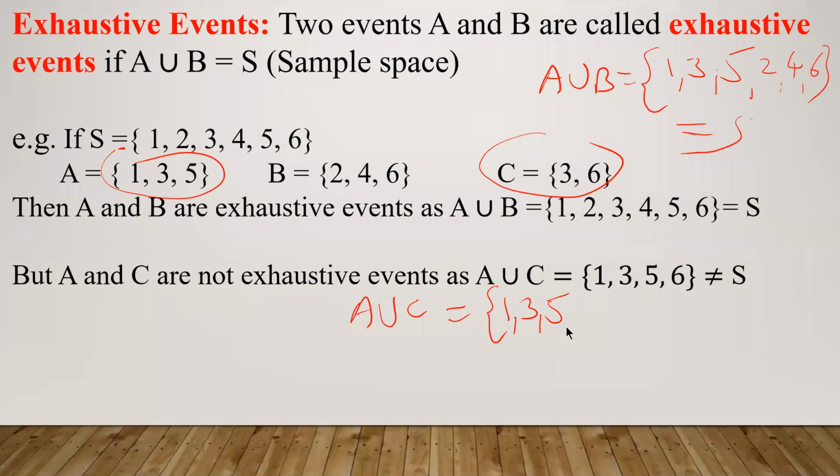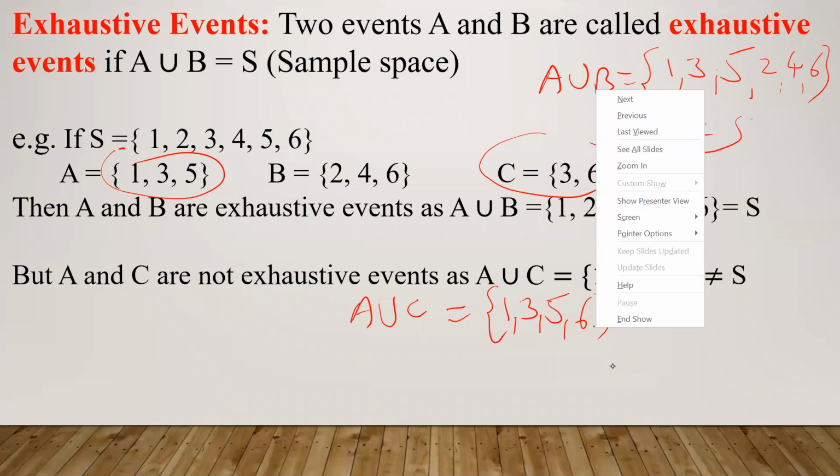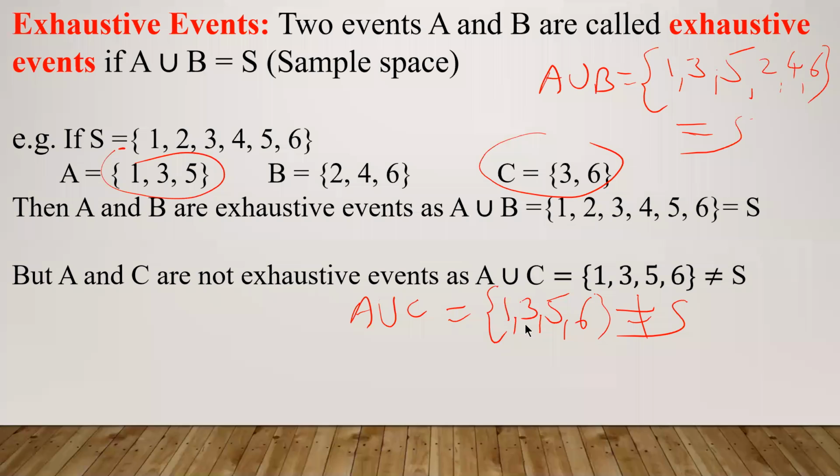So 3 I have already written, so I will not write, I'll write 6. I'm getting A union C as 1, 3, 5, and 6. And it is not my sample space. This set is not equal to sample space. Why? Because 2 is missing here. There is no 2 here. इसमें 2 नहीं है और इसमें 4 भी नहीं है. So it is not S. So that means when I combine A and C, I'm not getting the entire sample space. So A and C are not exhaustive events.